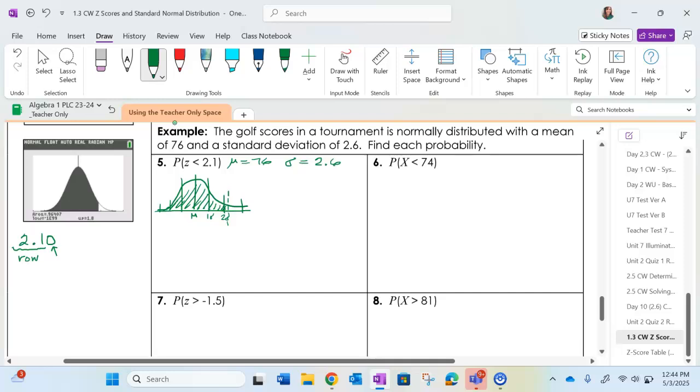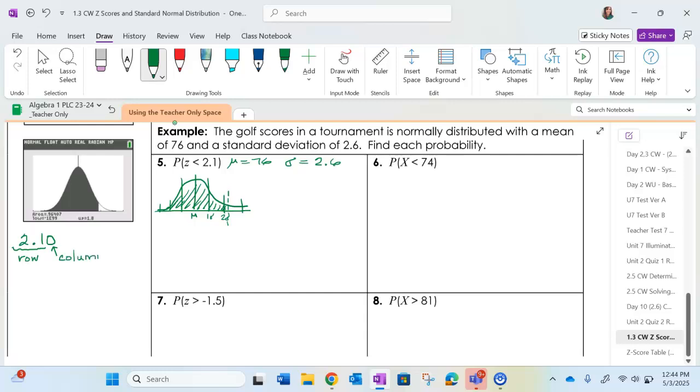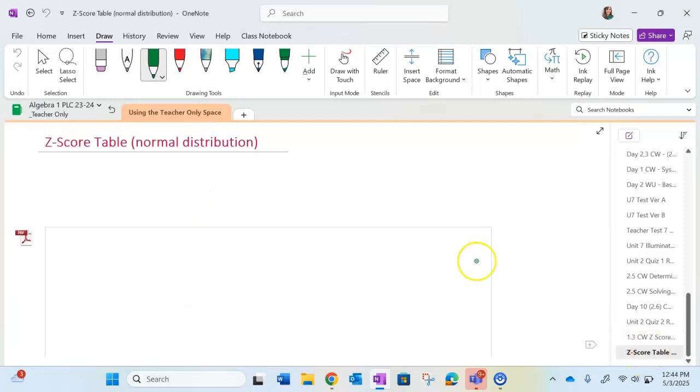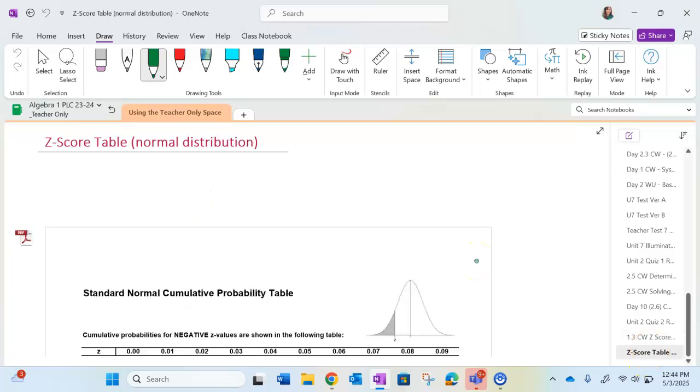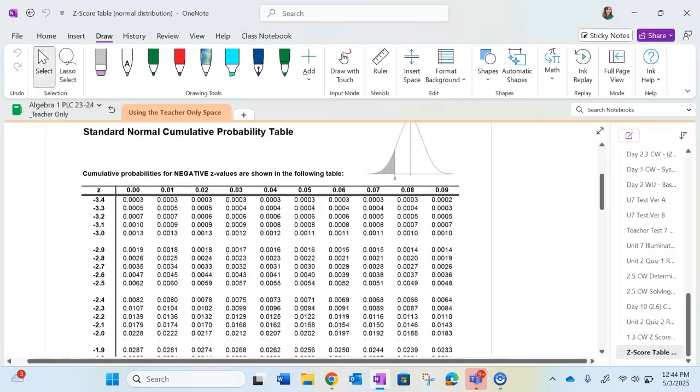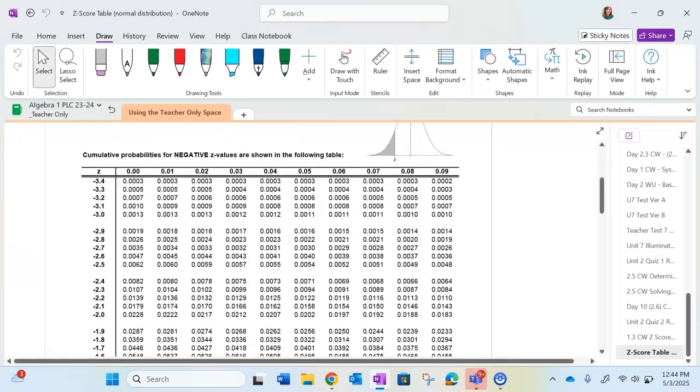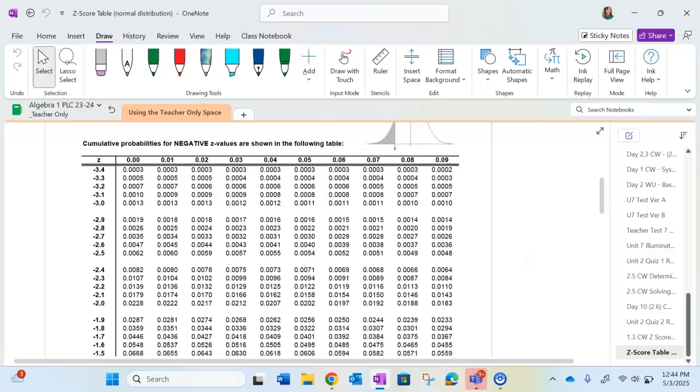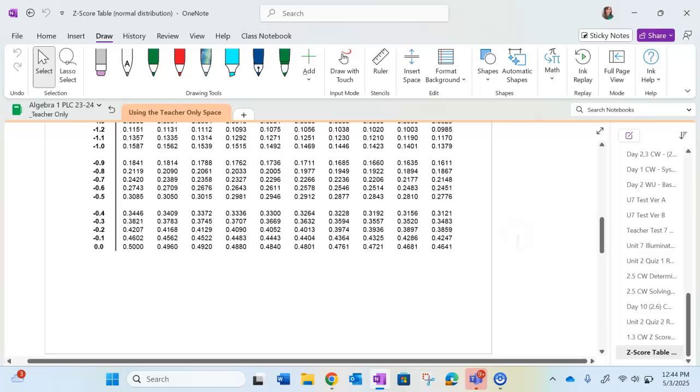This last number in the 100th column, or the 100th place, is talking about the column. Okay? So I'm going to go to my z-score table, and which you can see in front of you. Now, over here to the far left is all the z-scores. These are the negative ones. We have a positive 2.10.